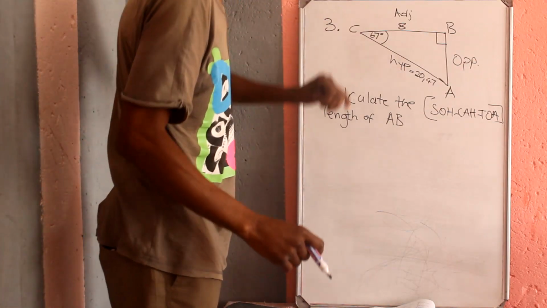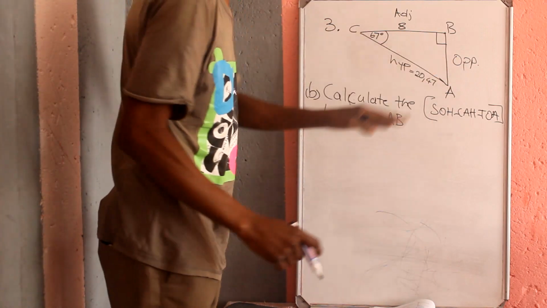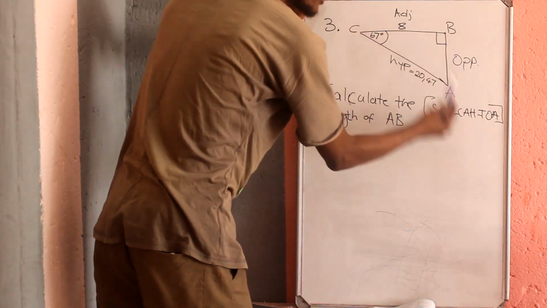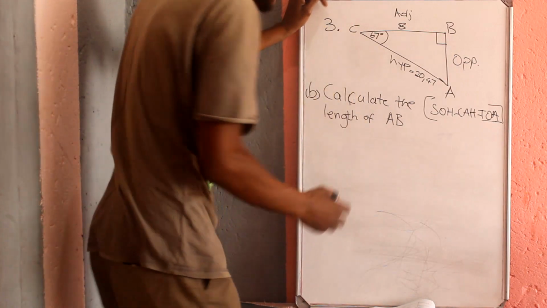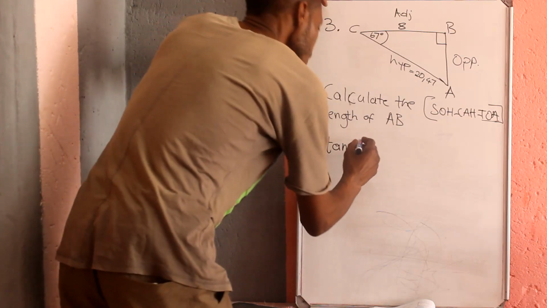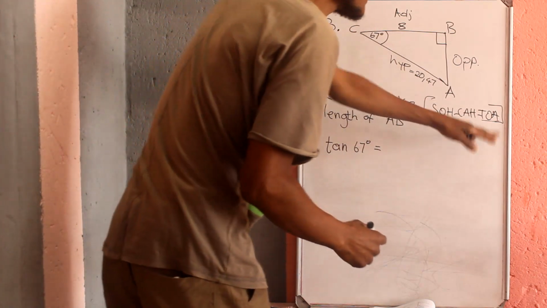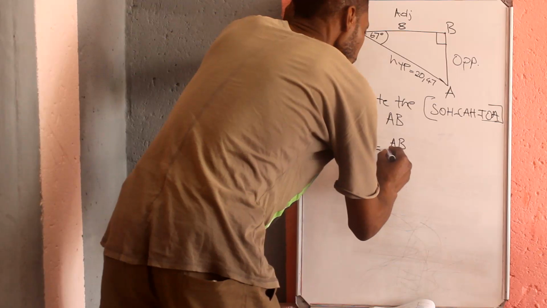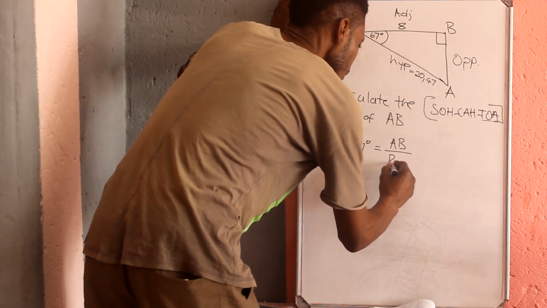So here we've got an adjacent side, and you've got your angle and the opposite side. The relationship between an opposite side and adjacent side will give you a tan function relationship. So that's going to be tan 67 degrees equal to the opposite side, AB, and your adjacent side is BC.